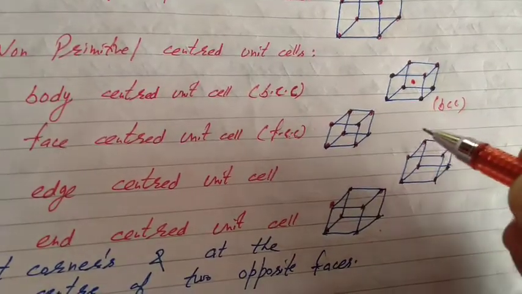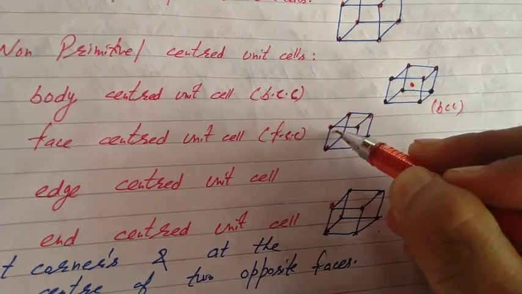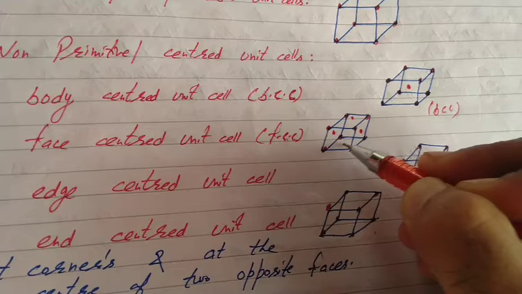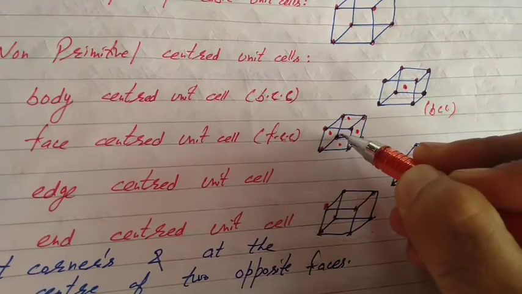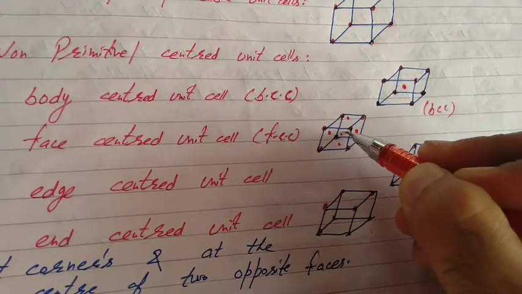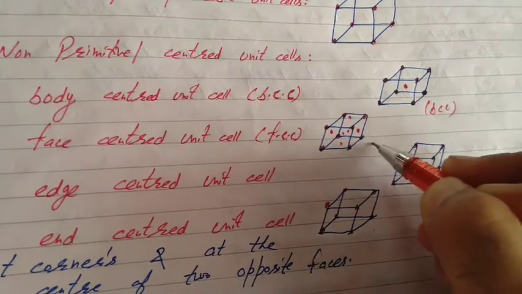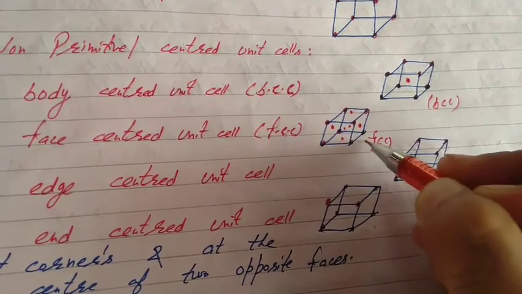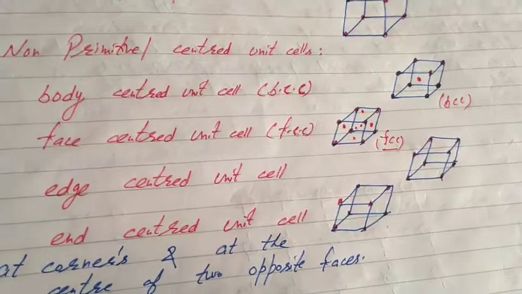Now you know a unit cell has 6 faces: 1, second alternate, third, fourth alternate, that is 5th face, and that is 6th face. Now this system is called FCC.